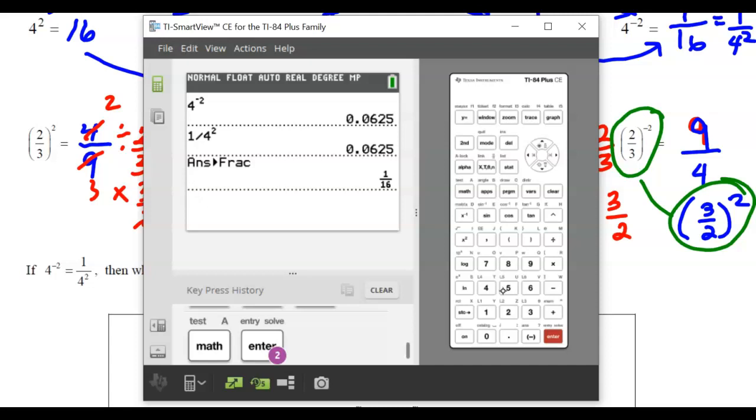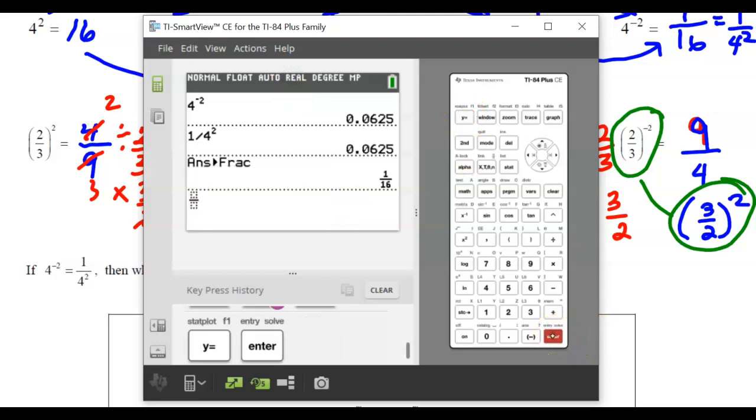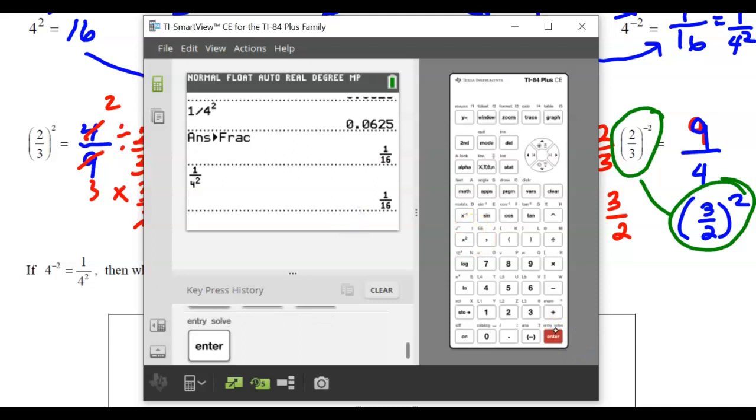I don't because it takes more time, but if you go alpha y equals, and the first entry, it gives you a fraction. So you can enter 1, cursor down, 4 squared. And if you do that, it gives you the fraction form right away. Okay, so if you have a graphing calculator, these are the little things. You don't have to have one, but it'll help you get used to using your calculator.